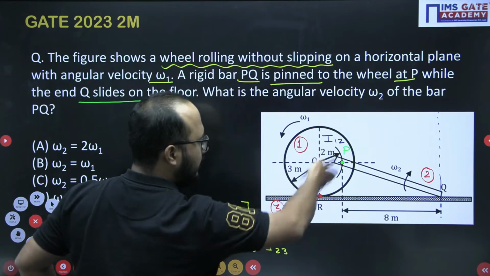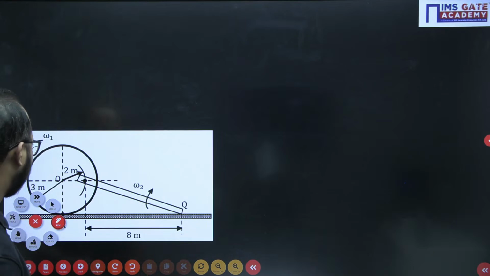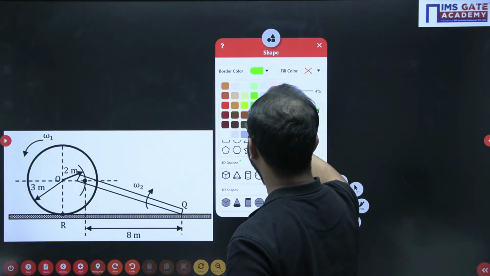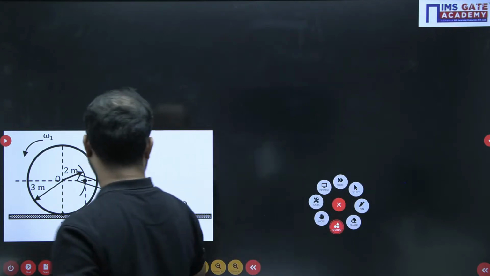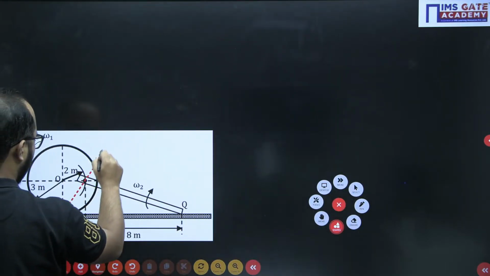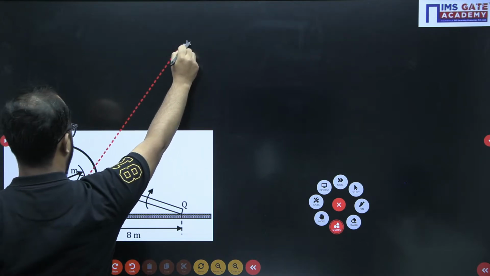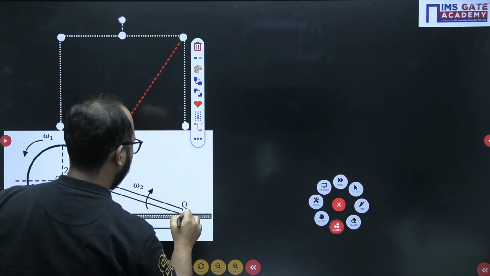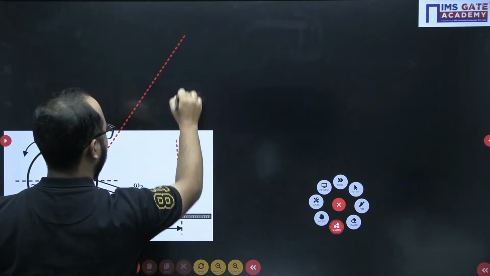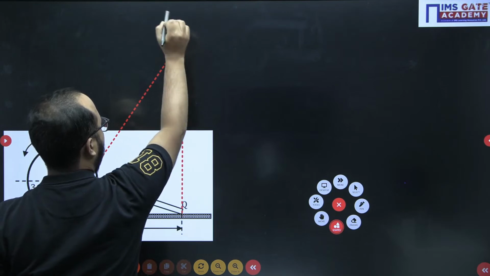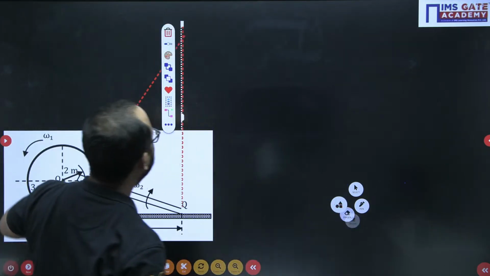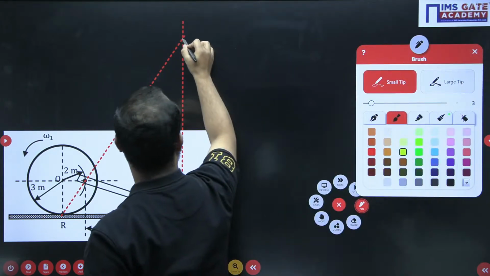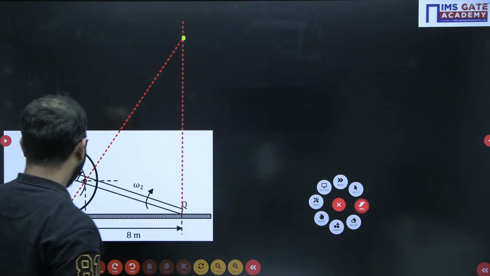So we need to draw a line here. We'll do it on the next page. Simply I will draw the lines. Got it? See, this is the point where it is intersecting.